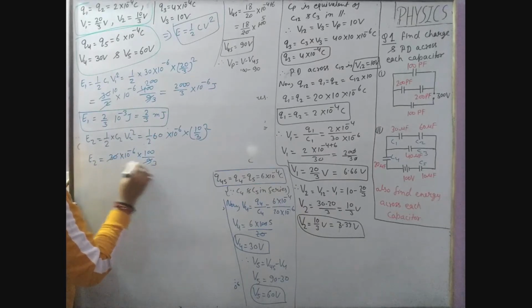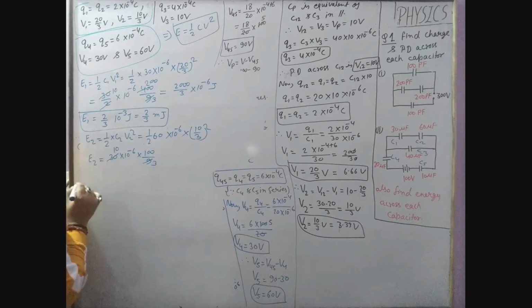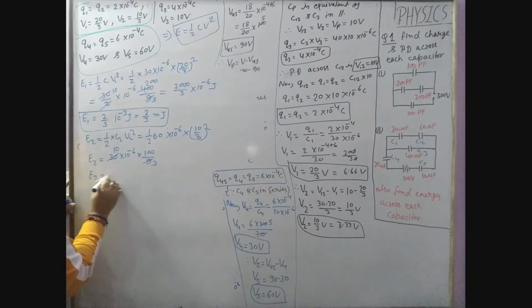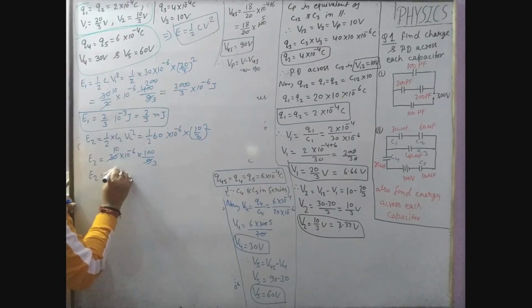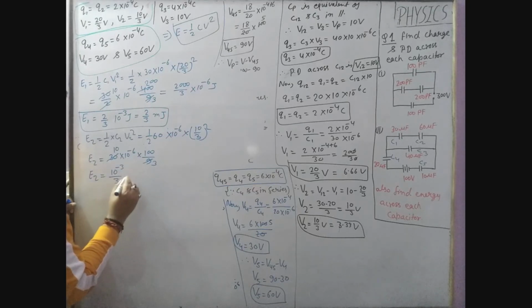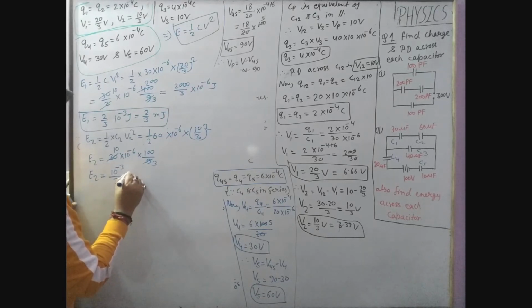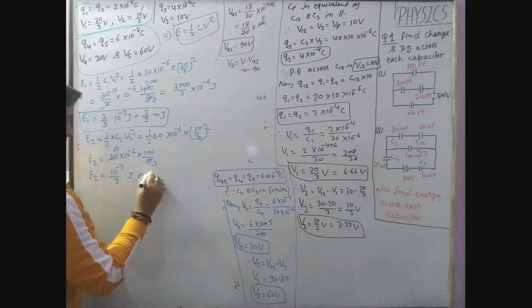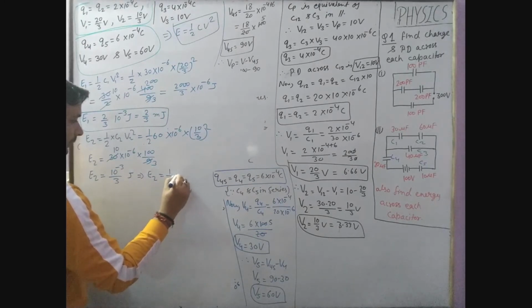So E2 is equal to 10 to the power minus 3 upon 3 joule, which means E2 is equal to 1 by 3 millijoule.